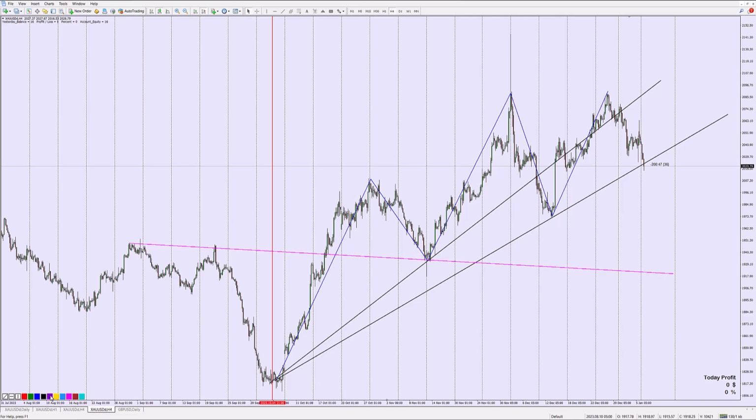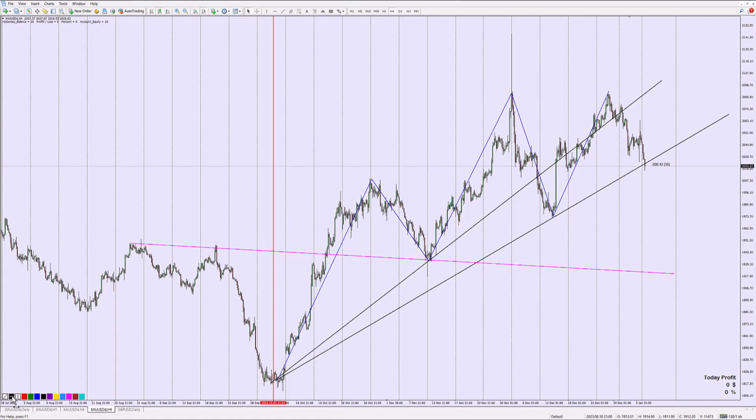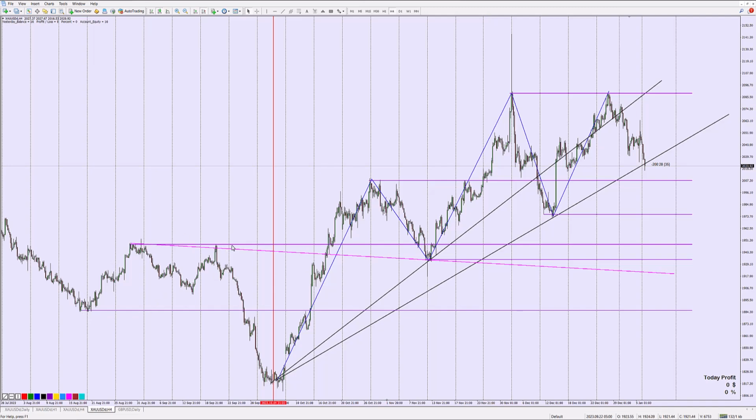We're going to draw some horizontal support and resistance lines, like we have one down here and another one up there. These are the major ones, and then probably from the previous trend you can connect these. There are too many lines, so we don't need them, probably not this one. That's all we need in the higher time frame as price action.